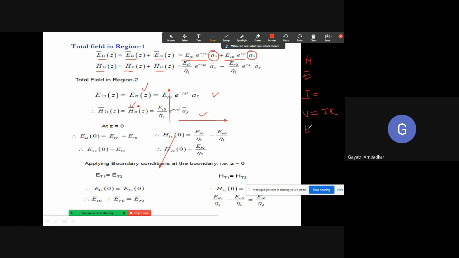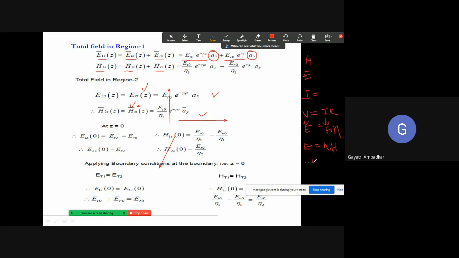It means you can write E is equal to eta H, where E is the voltage, the current is given in terms of H, and the resistance we have defined as intrinsic impedance eta.